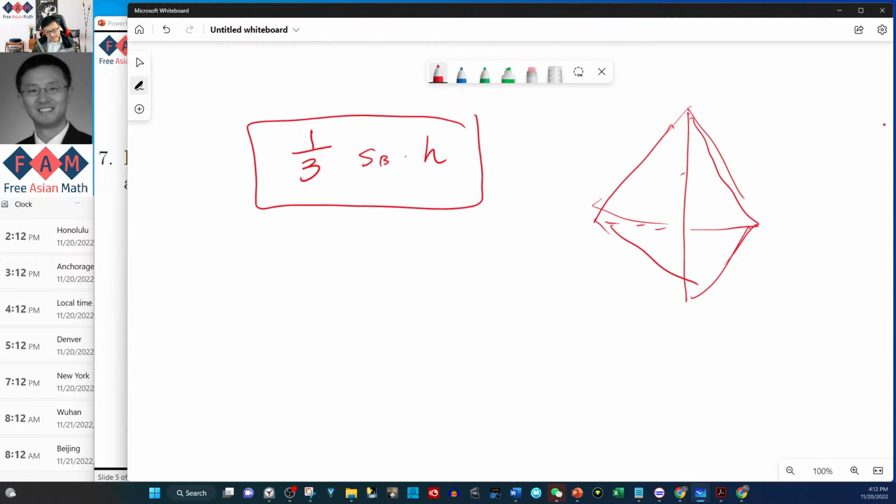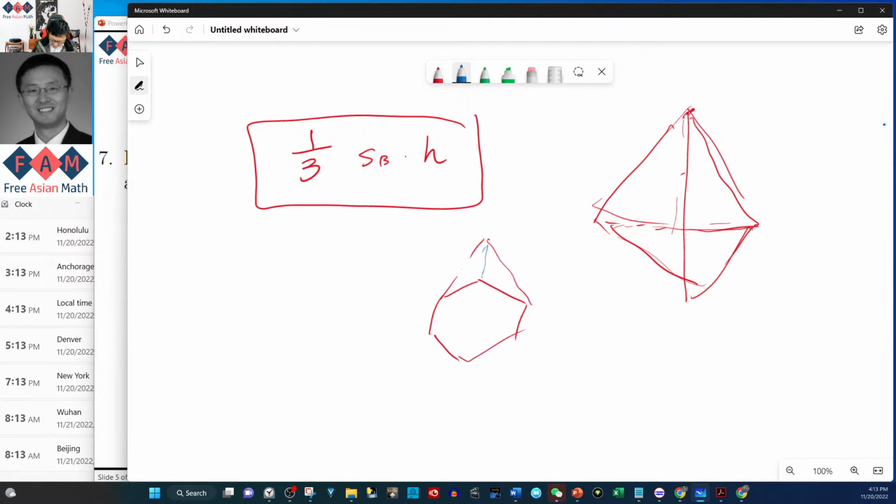If you have a pyramid like this, you have a triangular base. Still, the volume is the same formula. You know the base area, and you have the height from the other vertex to the bottom, perpendicular. That's the height. Whatever shape you have, the base doesn't have to be a triangle, it could be, say, a hexagon, something like that.